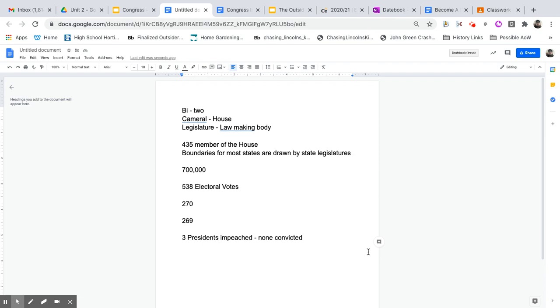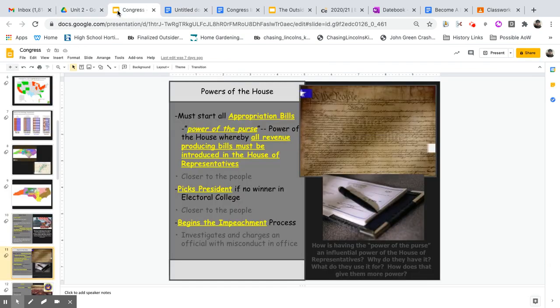The House is like a grand jury. They say we're going to charge the president or another member of government with this crime. Typically, we're talking about the president, though. And the Senate is actually going to hold the trial and decide whether to convict the president. Last year, when all that started, I told my class, I bet the president will be impeached, and then I bet he will not be convicted.